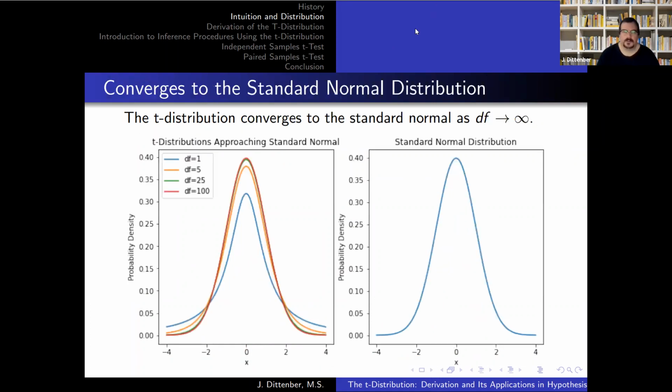All right, so then if we let the degrees of freedom increase without limit, what happens to the t distribution is that it's asymptotic to the standard normal distribution. So it converges to the standard normal distribution as the degrees of freedom increase without bound.